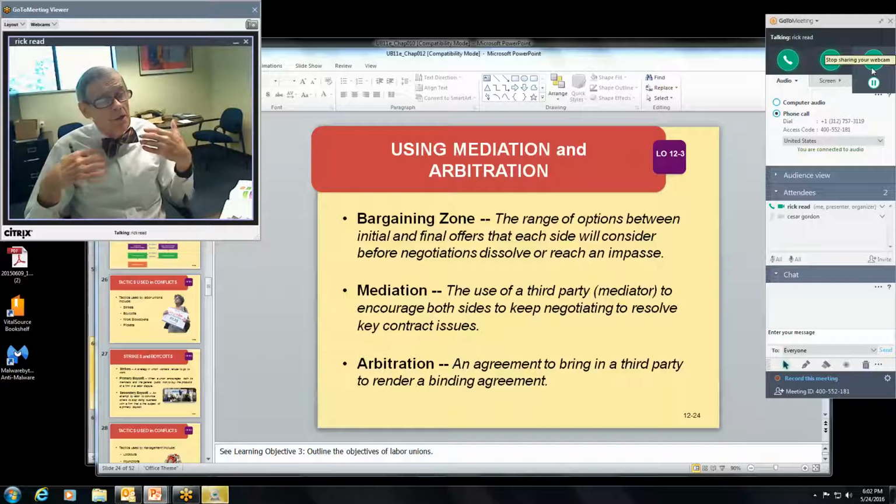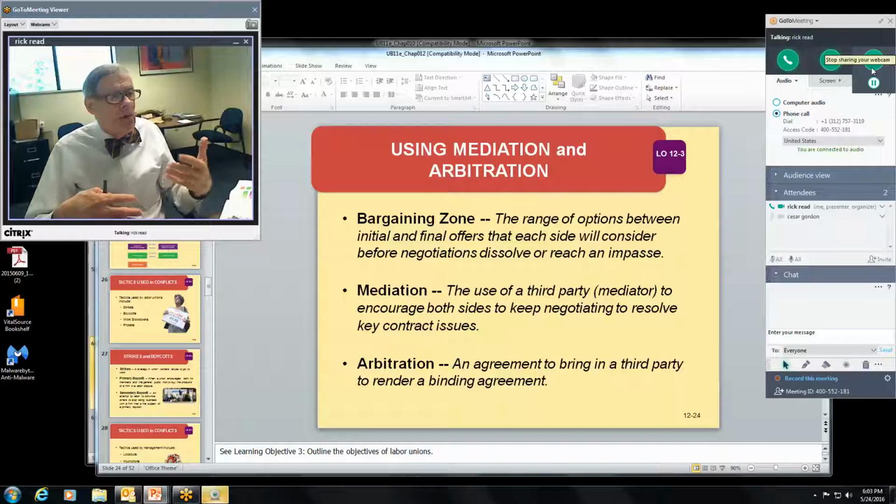An arbitrator is somebody who is entirely different. That person is empowered to render a binding decision. The arbitrator has been selected by both parties, both management and labor, and whatever he or she says is the final answer. Now, we find this quite frequently in baseball contracts.